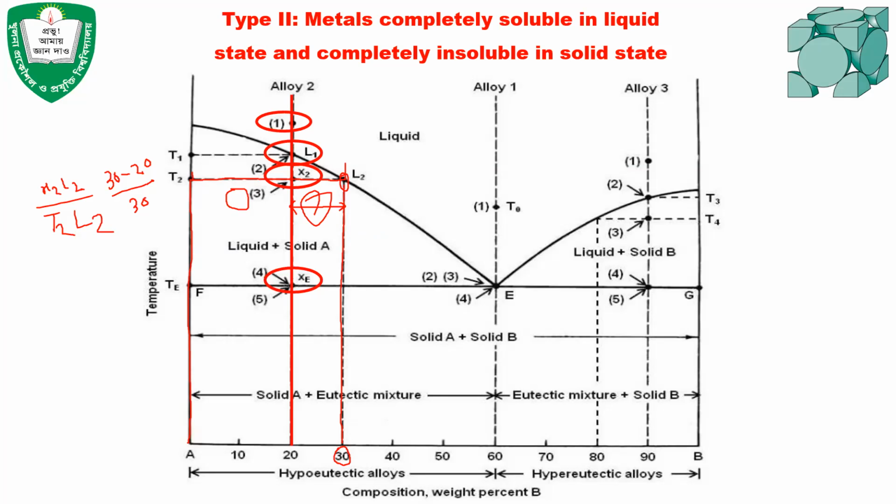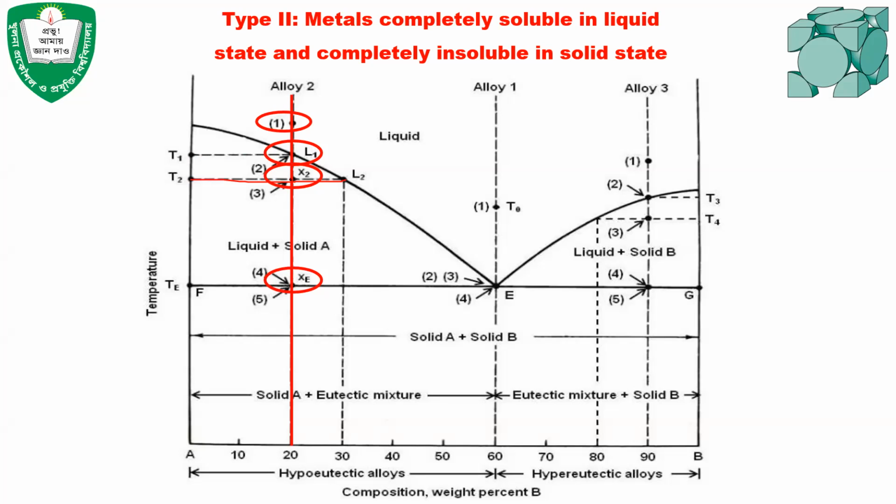If you want more clarification, then I can give you another example. Let's say you have a line in here. At the start point, there will be a very small amount of solid, right? At temperature T1, there will be a very small amount of solid.